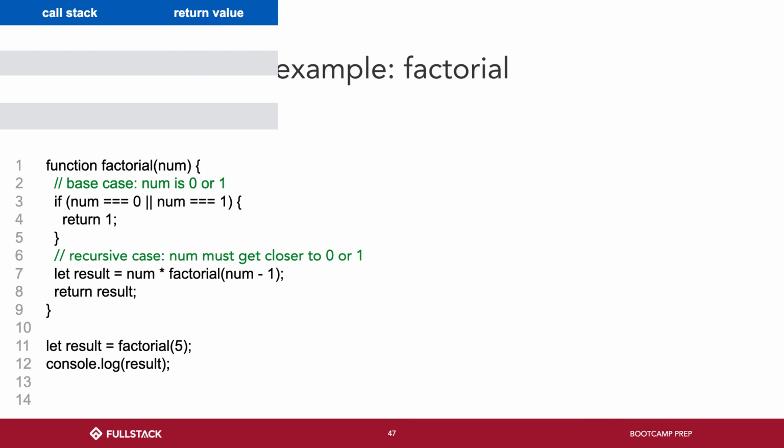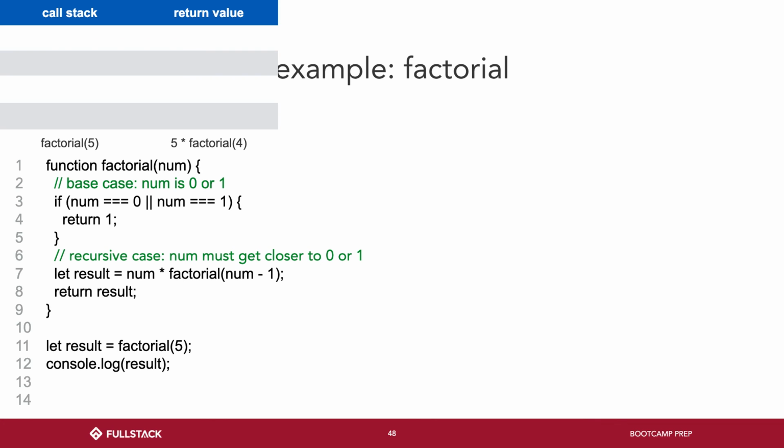So let's run through this with 5, okay? Factorial of 5 goes onto the call stack. The return value of factorial of 5 is 5 times factorial of 4. Does everybody agree with me, right? Because we throw in 5, we don't hit our base case because 5 is not 0 or 1. So we say result is now going to be equal to 5 times factorial of num minus 1, and then we return result.